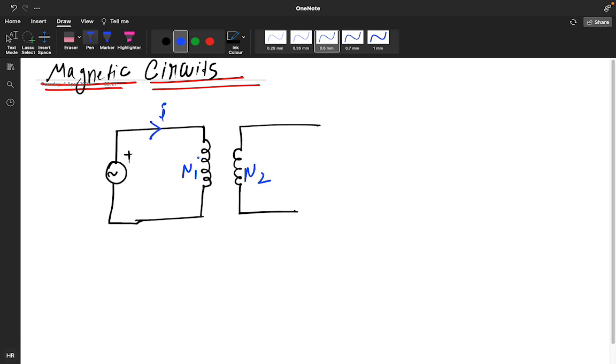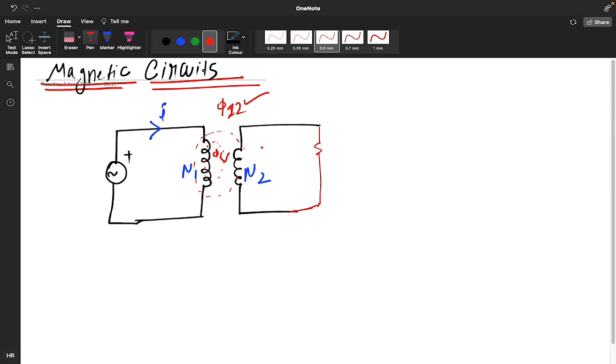Because of these N1 turns, you will develop flux phi 1, and because of these N2 turns, you will develop another flux, phi 12. Suppose a resistor is connected.